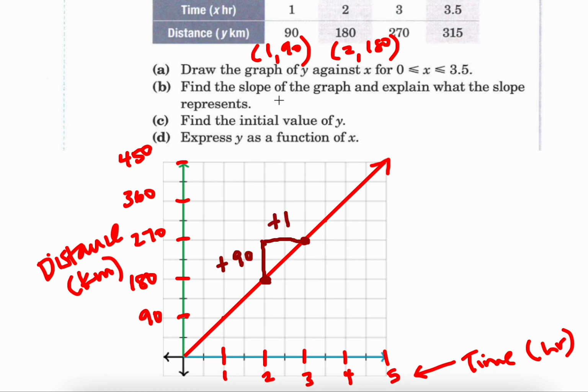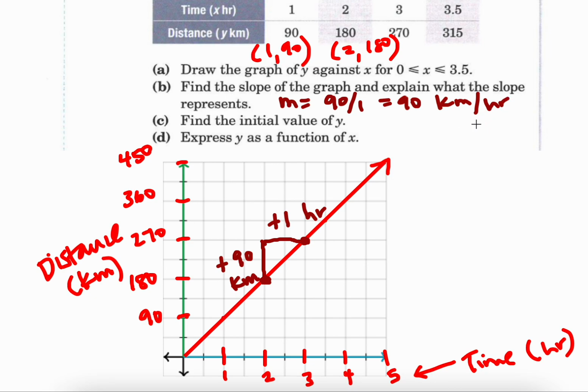So my rise over run is 90 over 1, or 90. That's my slope. What does the slope represent? My 90 is my change in kilometers, and my 1 is my change in hours. So it's 90 kilometers per 1 hour.